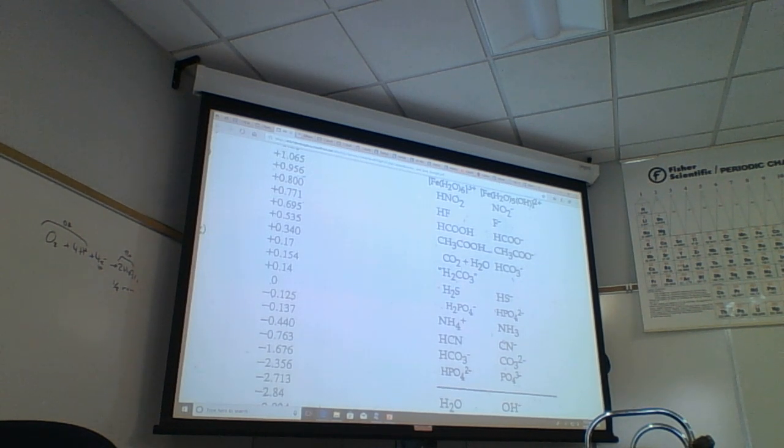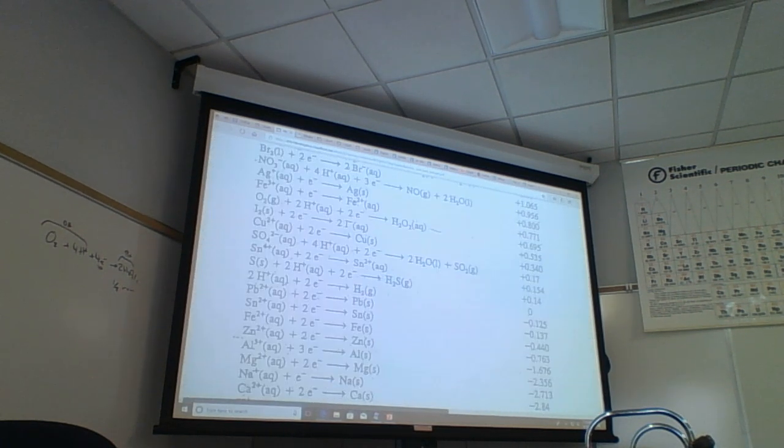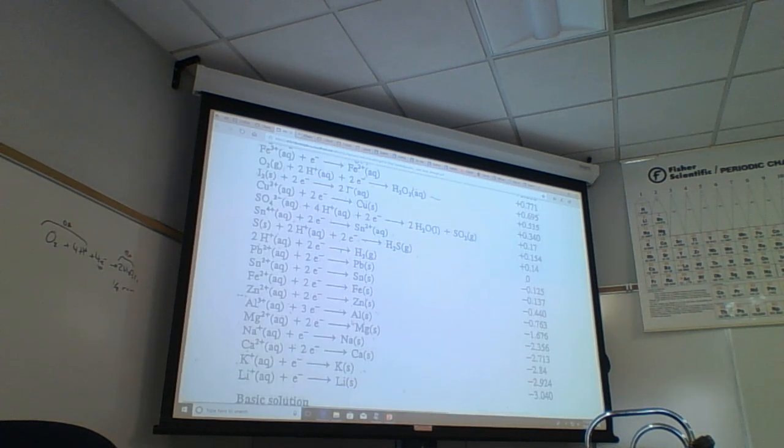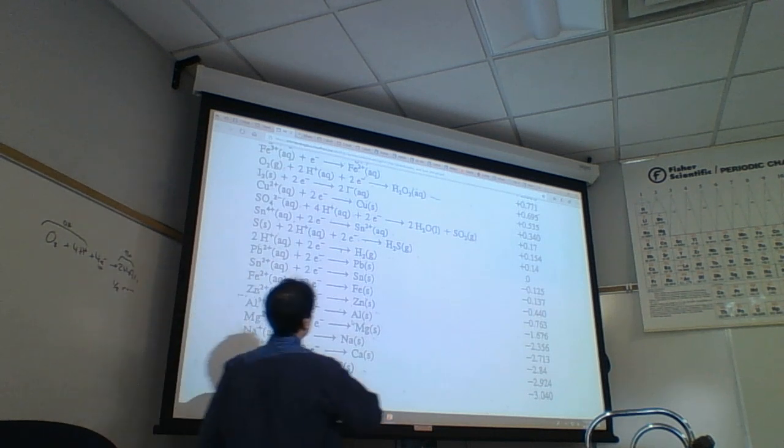Redox. For redox, we're not going to treat acetic acid because acetic acid doesn't occur on the redox chart. And so for redox, we just look at the H plus. H plus is what? An oxidizer. So acetic acid will oxidize what?